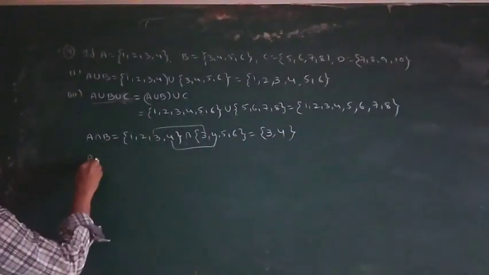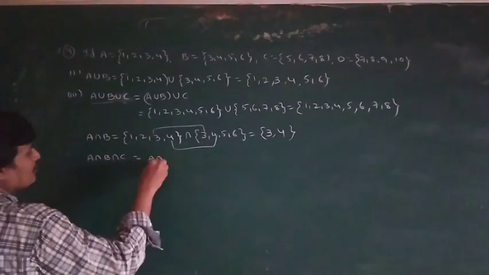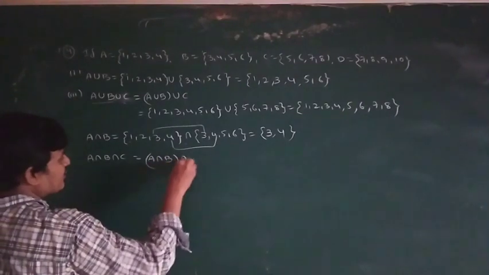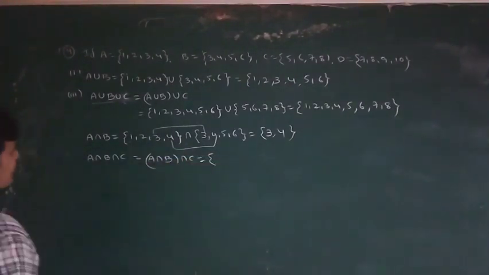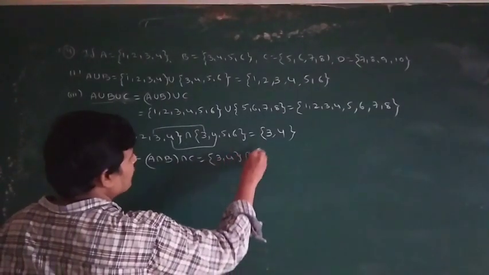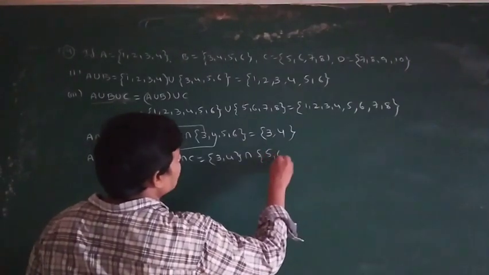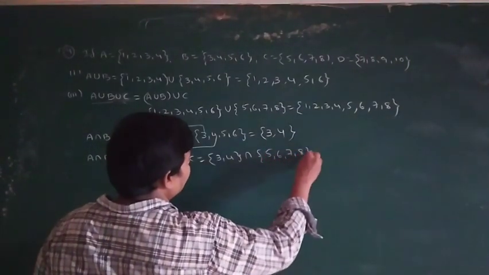Next, A intersection B intersection C. What is A intersection B? A intersection B is equal to 3, 4. C is equal to 5, 6, 7, 8.